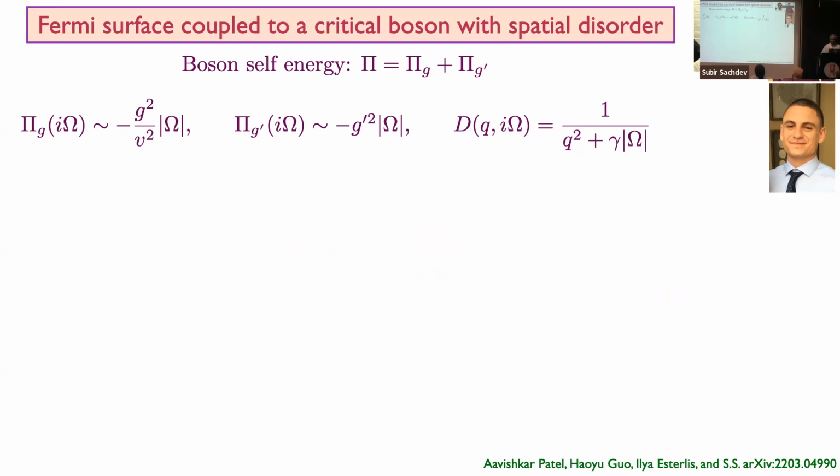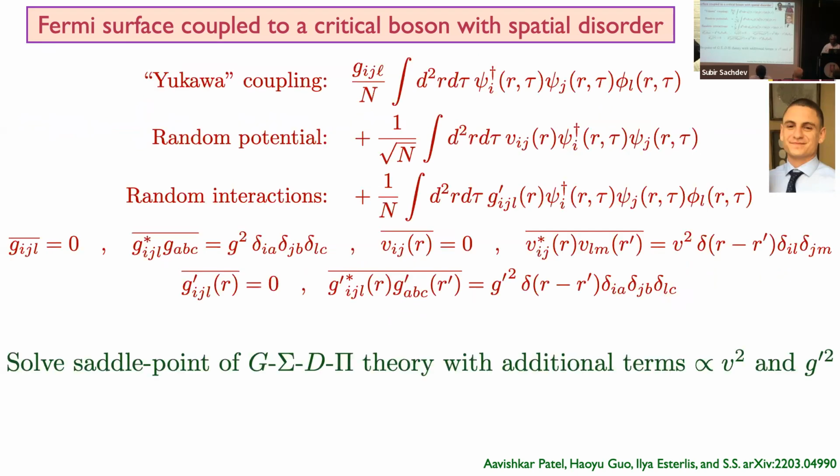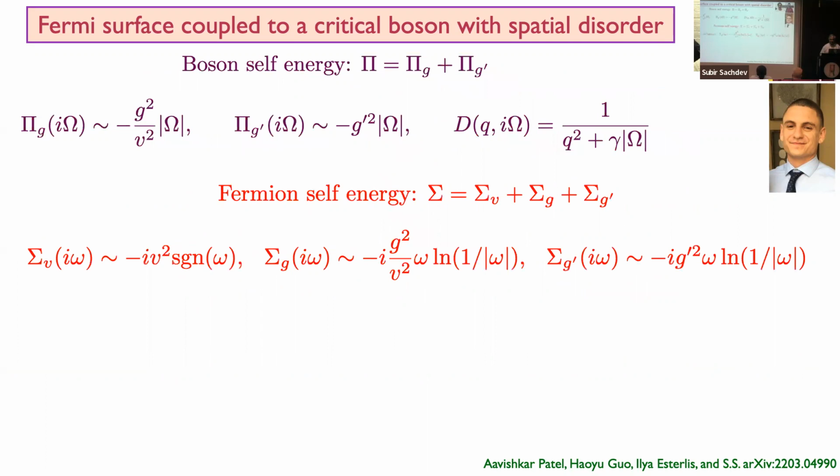Oh, one more thing I forgot to mention. Once you have these two terms, such a term will be generated at some order in your perturbation theory. But in the large N limit, you want to put this in explicitly because it doesn't get generated in the large N limit. Okay, I'm almost done. All right, so now you've got this marginal Fermi liquid self-energy from the G prime term.